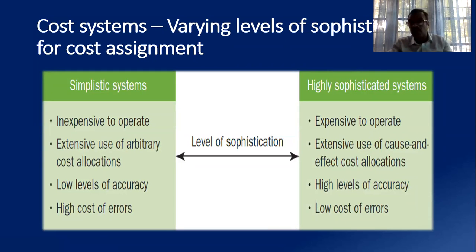But if it goes to a 5-star hotel, it is sophisticated. So the higher the sophistication, the more sophisticated a costing system you need. The lower the sophistication, the simpler the system can be. So that's the idea. It's not a very big thing.